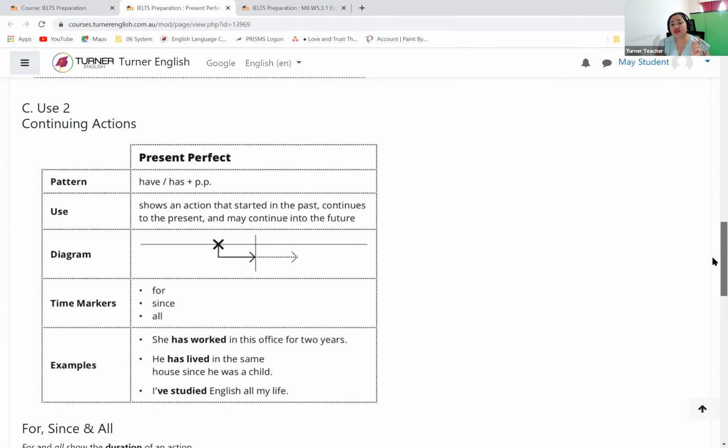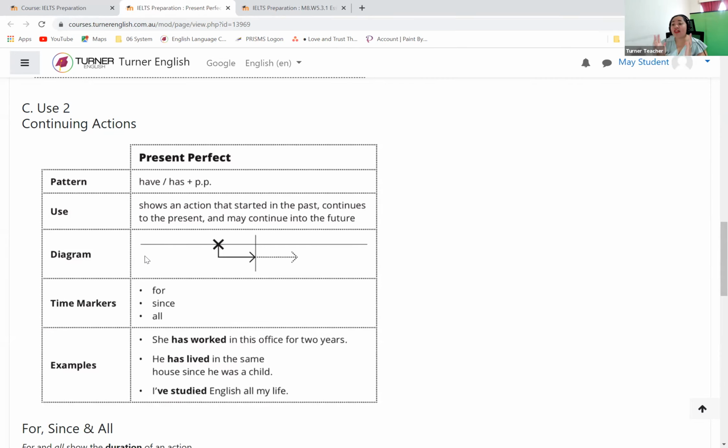So another use of the present perfect, which we are using in our essay, is the purpose of continuing actions. The structure is exactly the same: have or has plus past participle. It shows that the action started in the past, continues to the present, and there is a possibility for it to continue in the future.